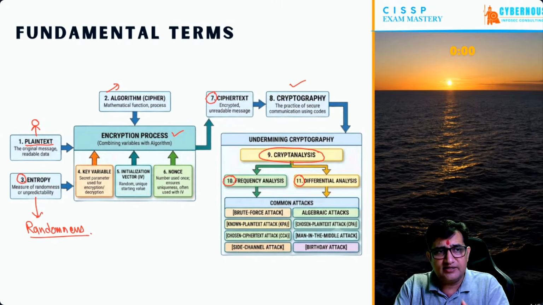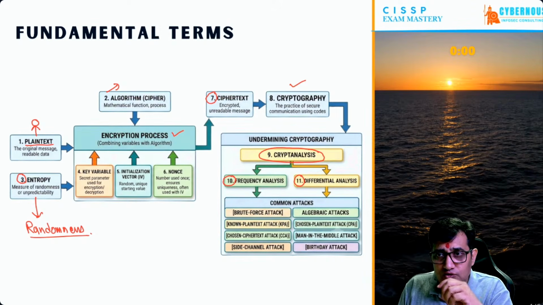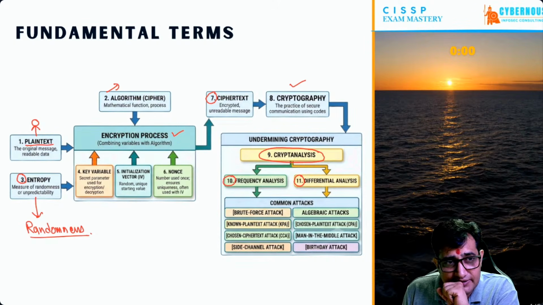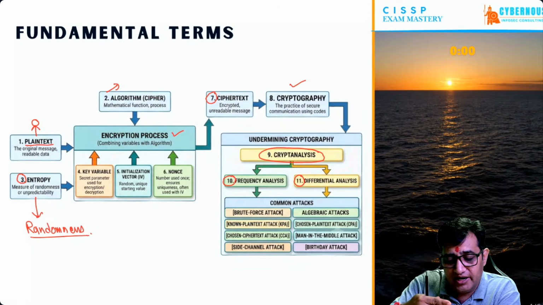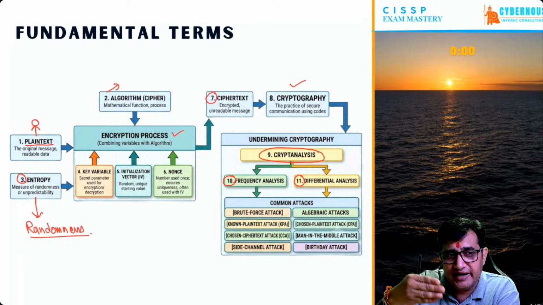Frequency analysis is an analysis where the attacker looks for patterns. If he knows the ciphertext is in English, then he understands, for example, that the letter A is repeated the most. There's a known frequency of the letter A in the English language. So they are going to get those trends.